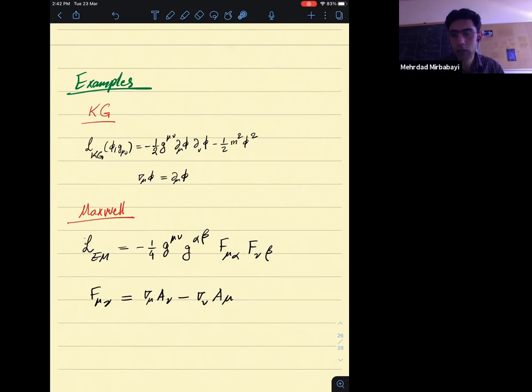Depending on whether you work with mostly plus signature or mostly minus signature, you would put a minus sign or not in here. Since I'm working with mostly plus signature, there is a minus sign. So how do we determine whether there is a negative kinetic term or the kinetic term is standard? Let's go back again to the case of Minkowski. So imagine G mu nu is equal to eta mu nu.